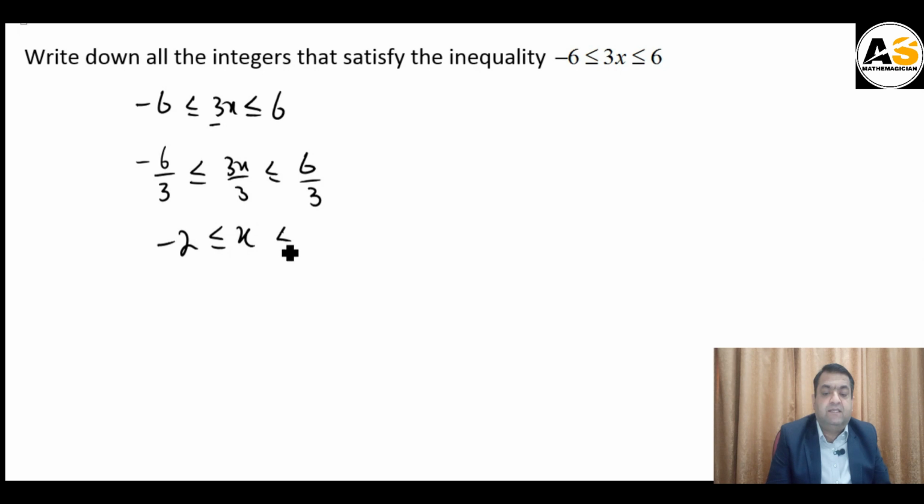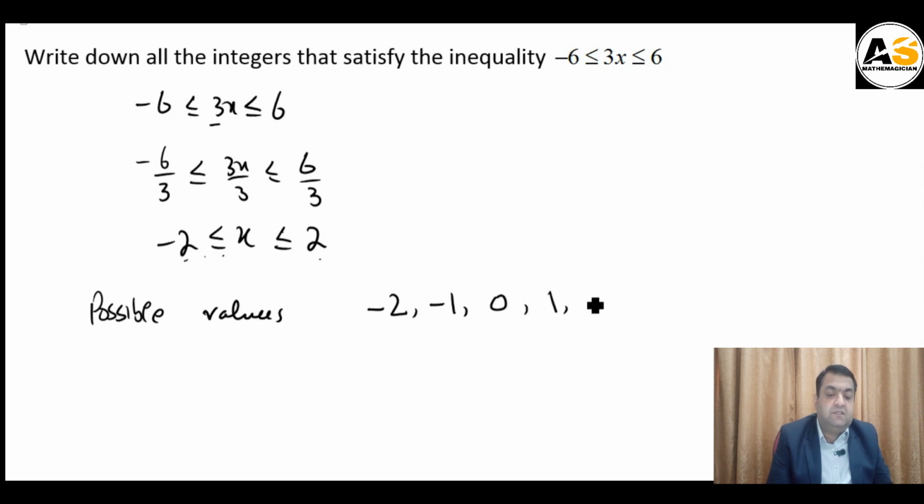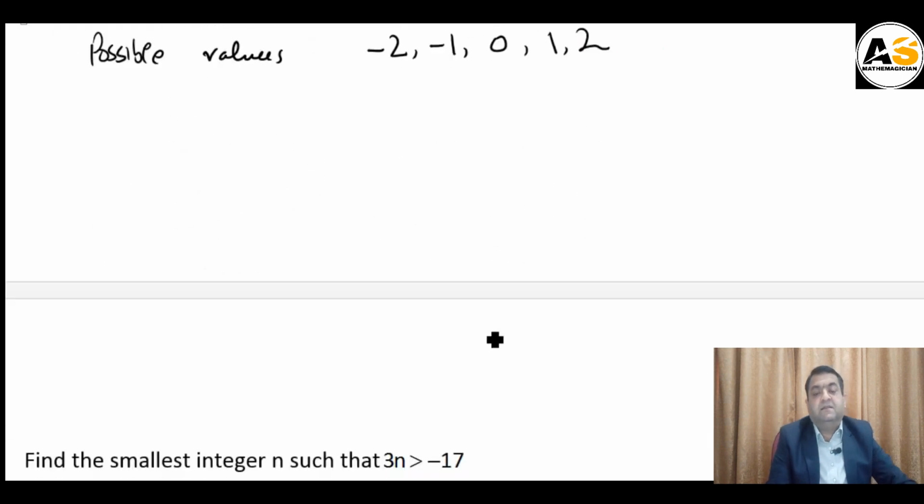Minus 2 is less than or equal to x is less than or equal to 2. The minimum value of x is minus 2, the maximum value of x is plus 2, both are included. So possible integral values will be minus 2, minus 1, 0, 1 and 2. This is the answer to this question.